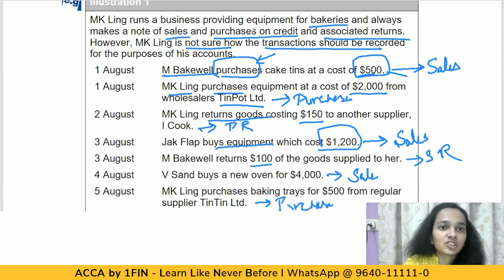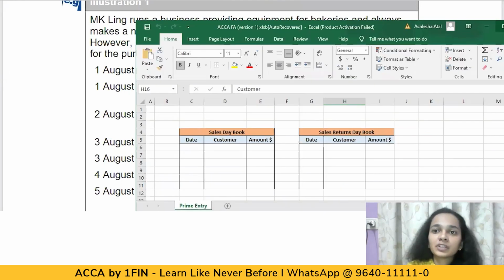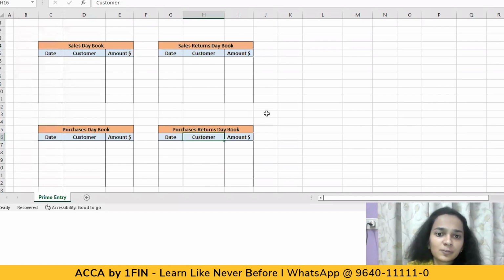So let me just post all these transactions first so that there's no confusion later on. So here I have the formats ready for sales day book, sales return day book, purchases day book, and purchases return day book.